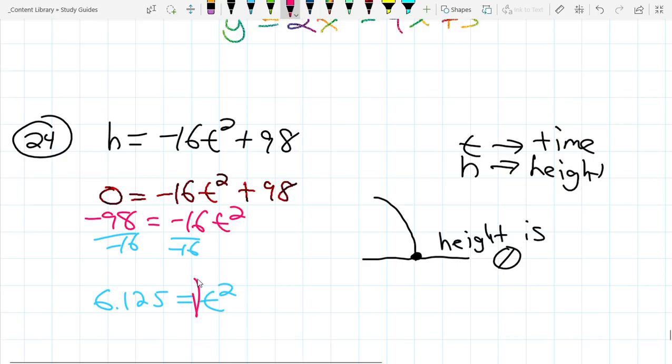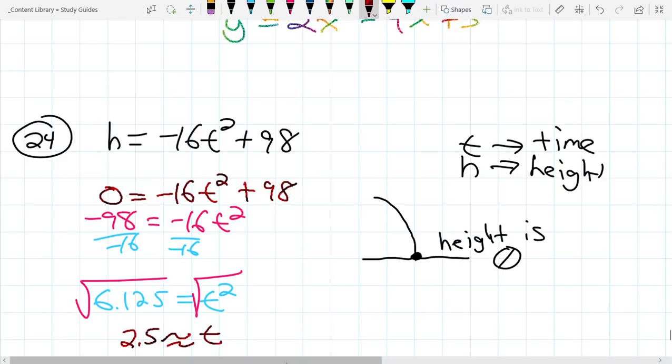Then we take square roots, and we get our final answer rounded to 2.5. So it took approximately 2.5 seconds for the screwdriver to fall from where we dropped it. And we dropped it at a height of 98 feet. That's what this plus 98 means. It means we were 98 above the ground before we dropped it.